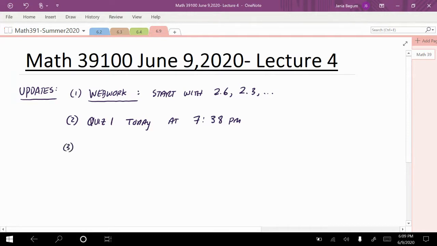And the third update I have is office hours. So I'm going to hold longer office hours. So instead of 5:30 to 6 on Tuesdays, my updated office hours is going to be 5 p.m. to 6 p.m., right before class on Tuesdays.